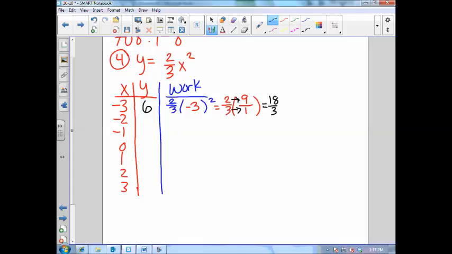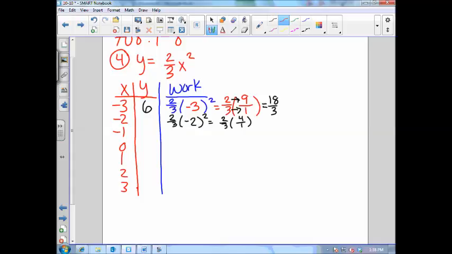Okay, now we'll do it again, but this time we plug in -2. Okay, Carlos, with the exponent, what do we get here? -2 squared, first of all. 4, good. So we have 2/3. I'm going to write that as 4/1.